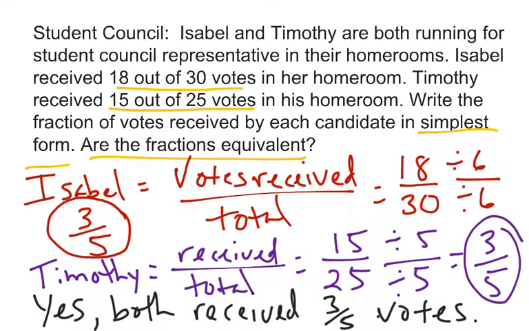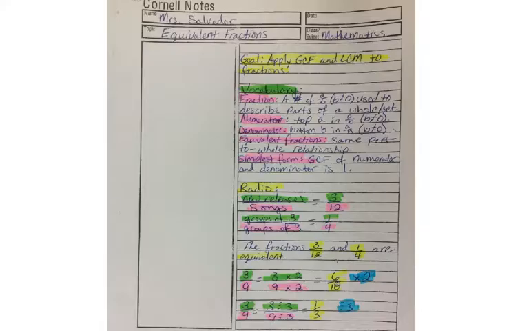Now I want you to take a minute to review your notes. So go ahead and pause the video to make sure that your notes look similar to mine. So we have the first page of my notes. Again, your writing might be a little bigger or smaller, where we have our goal and our vocabulary. Go ahead and take a minute to pause to make sure your notes match up with mine.